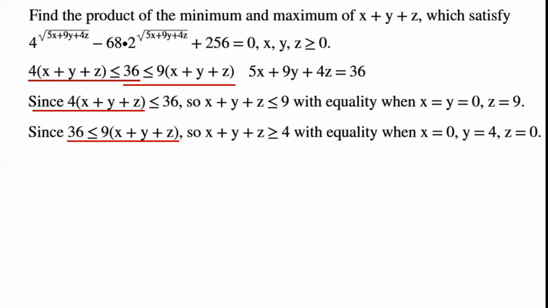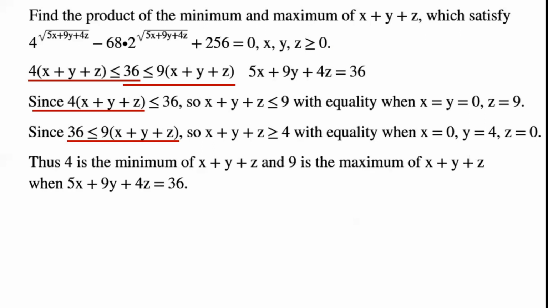Since 36 is less than or equal to 9 times (x plus y plus z), x plus y plus z is greater than or equal to 4, with equality when x equals 0, y equals 4, z equals 0.